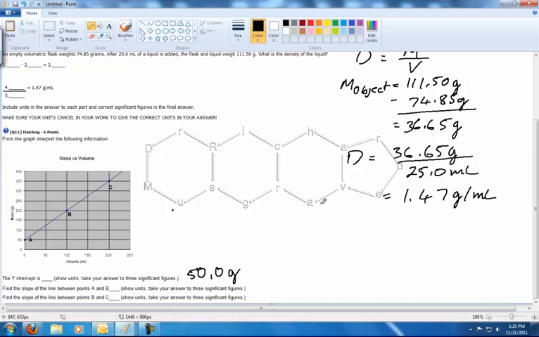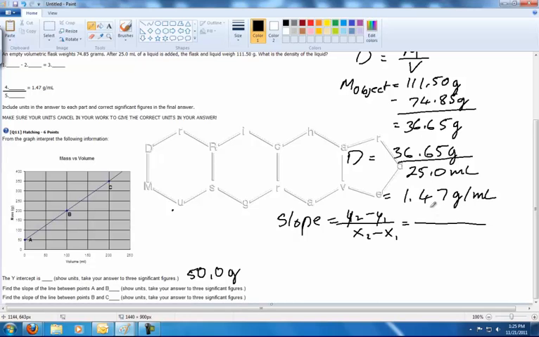The slope of the line is going to be measured from our slope equation, which is y2 minus y1 over x2 minus x1. If we're finding the slope between a and b, we've got a, which is (0, 50), and b, which is (100, 200).